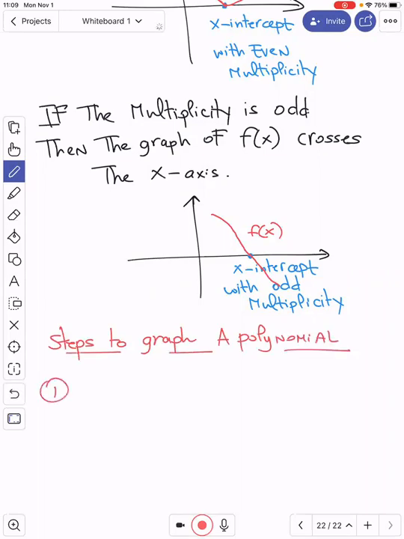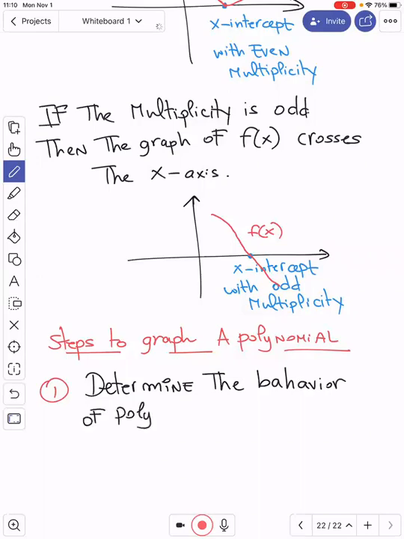First, you need to determine the behavior of the polynomial at infinity. This comes from the degree and the sign of the leading coefficient.